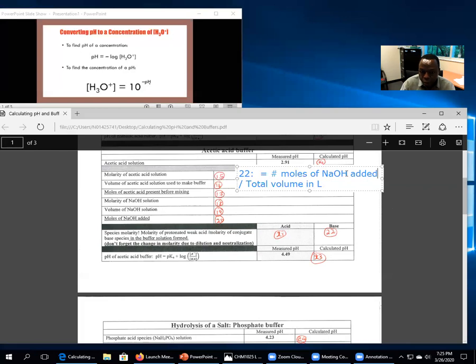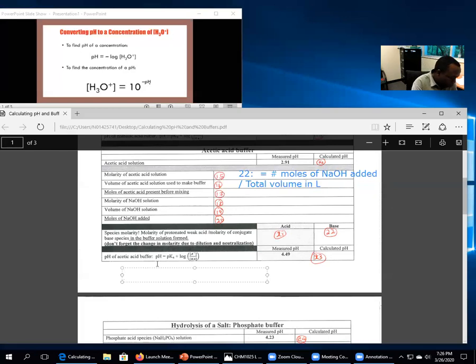With that, we will now use the Henderson-Hasselbalch equation, of which here pKa will be your value which will go into this Henderson-Hasselbalch equation right there.